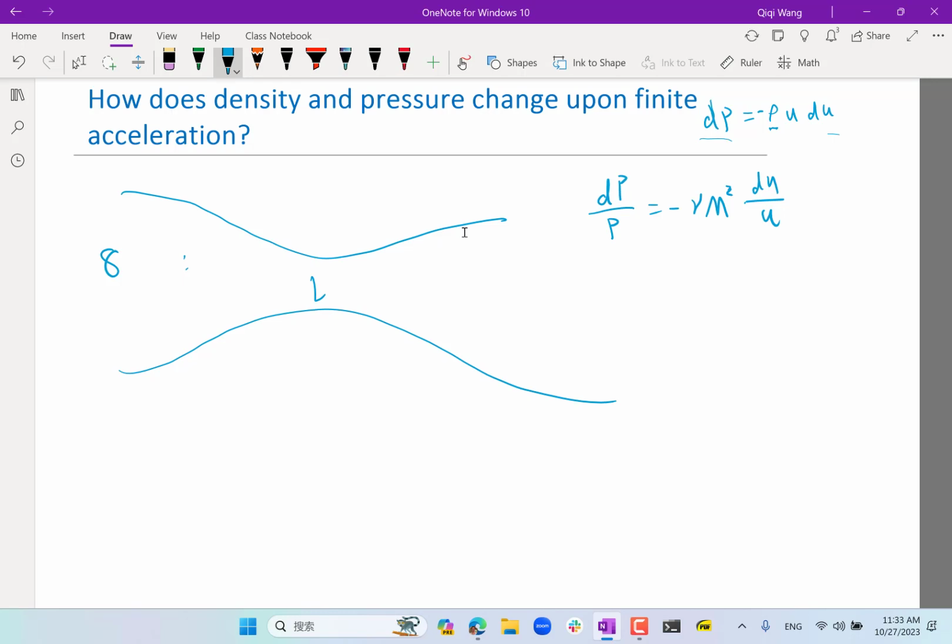So what do we do? If we can convert the fractional change of velocity, the percentage change in velocity, into a percentage change of Mach number, then the whole right-hand side is just Mach number and we can integrate. Make sense? When the velocity increases, the Mach number should also increase, so we should be able to get rid of du over u and represent it in terms of dM squared over M squared.